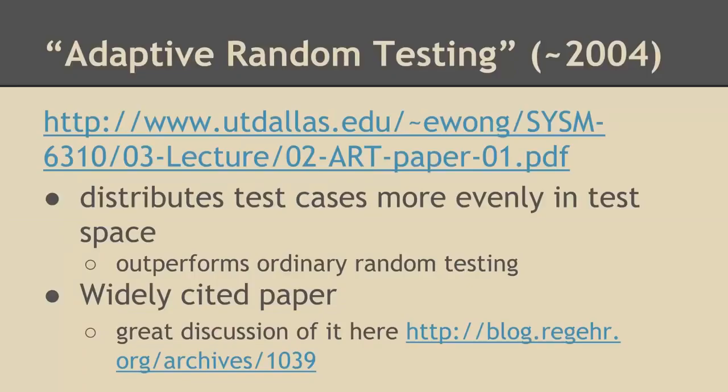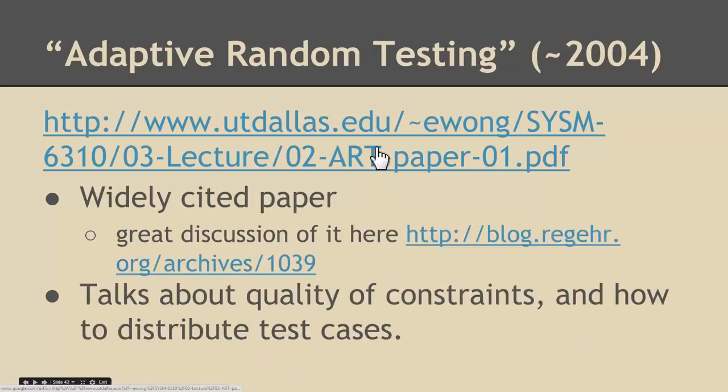So adaptive random testing came out about a year ago. It's not state of the art, but it's widely cited, and if you're doing research in this area, it's something you should read. Effectively, back in 2004, they did research on how to distribute test cases more evenly in the testing space, and they demonstrated how it definitely outperforms just random testing, and it also talked a lot about constraints and the quality of constraints.